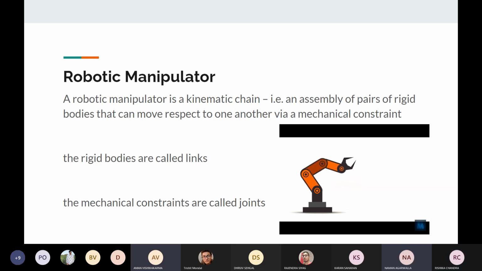screen is not visible. Sir, your screen is not visible. Screen. Screen is not visible to you. Yes. It is visible in my end. Ruchika, can you share it again? Yeah, I'll share it again.